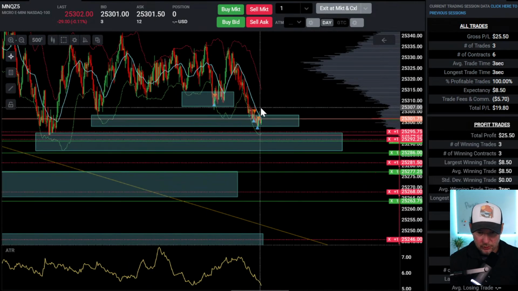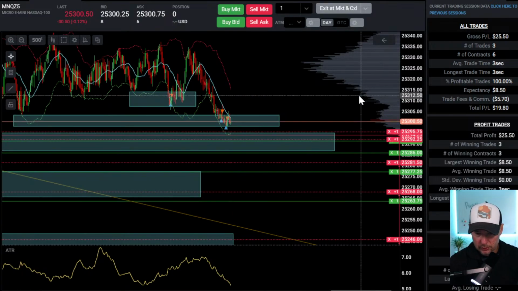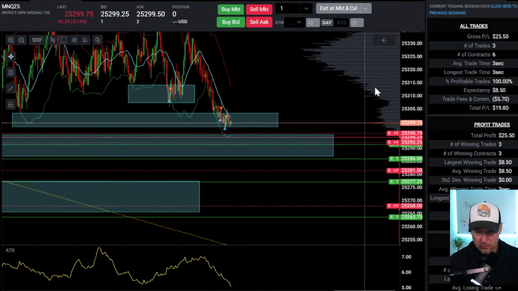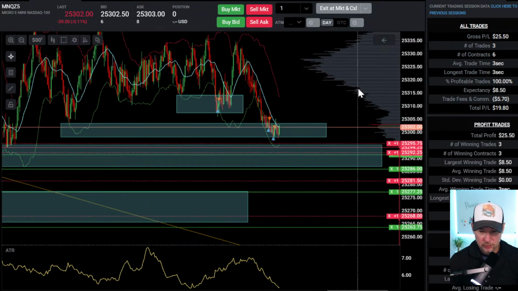We're respecting this simple moving average, right? We're staying underneath that average. I'm gonna zoom in for a better look.